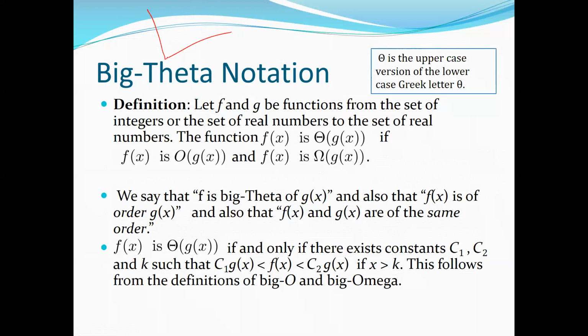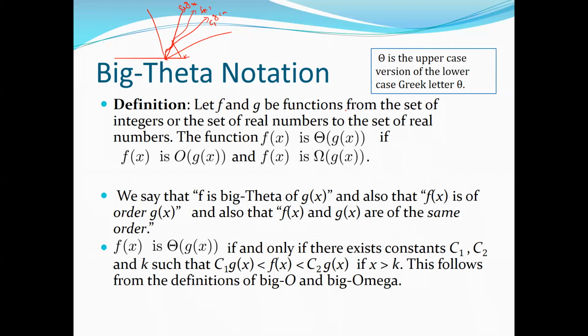If I draw a graph, for example, this is my f of x, and this is g of x. We have g of x, but we have two constant values c1 and c2. f of x is bounded by g of x for two constant values, after some k values, right? So that is mentioned here.